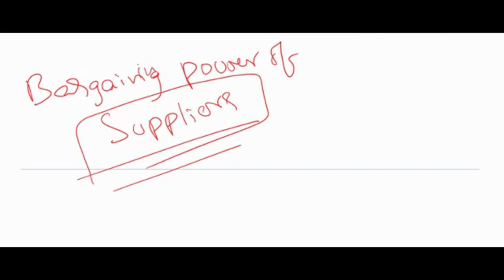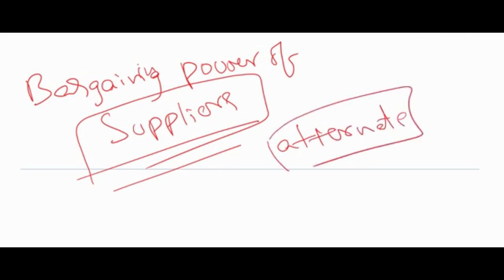Whoever is supplying raw material to your business, for example, they are bargaining because they know that you don't have any alternate. So if you don't have any alternate, you have very high dependency on those suppliers, then obviously you need to bear the cost.